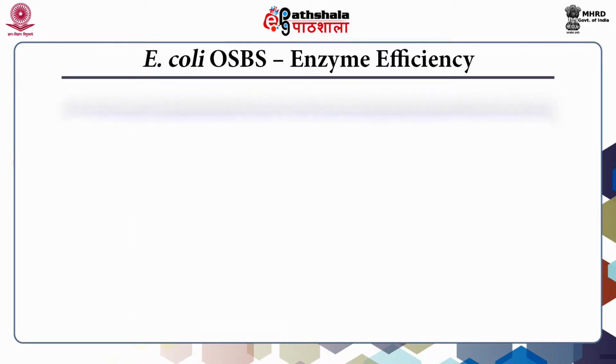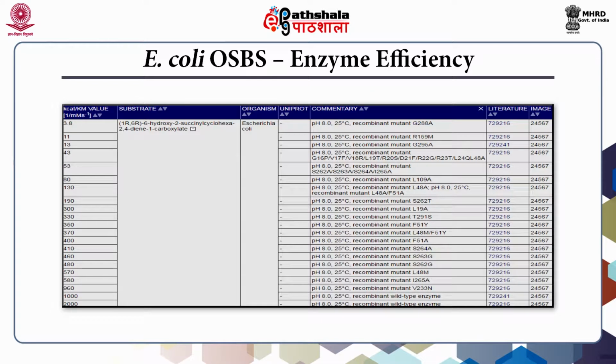In addition, the kcat over Km, that is the kcat to Km ratio list for E. coli, reveals that the wild type enzyme has a catalytic efficiency, that is the kcat/Km ratio, of 2000 per millimole per second, that is 2 million per mole per second.